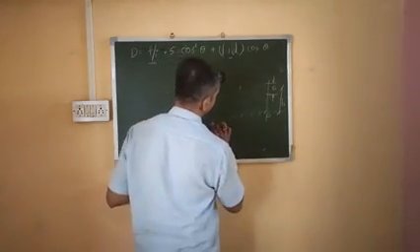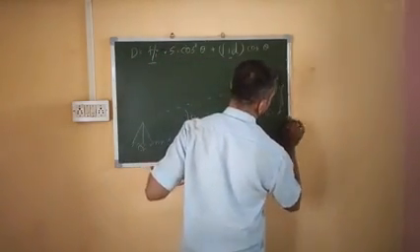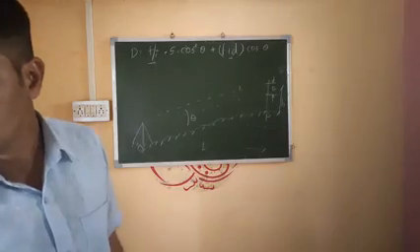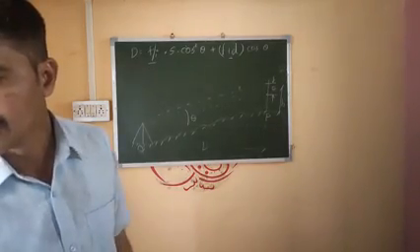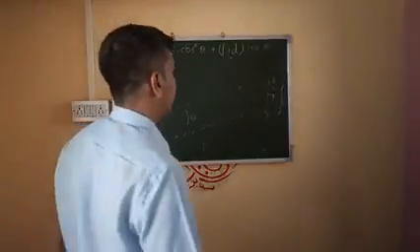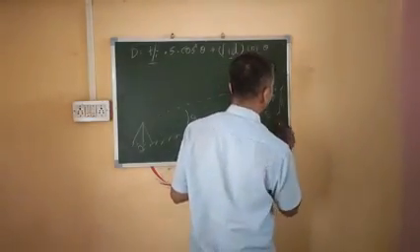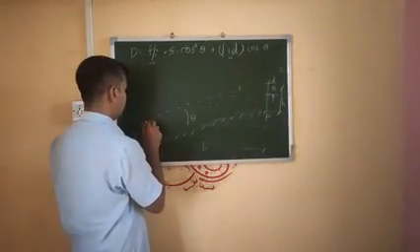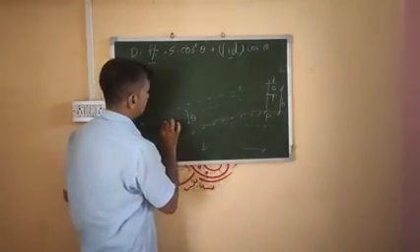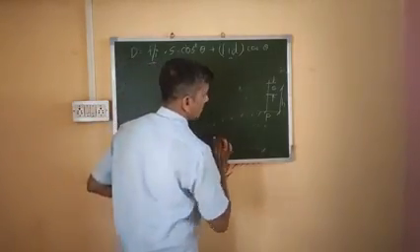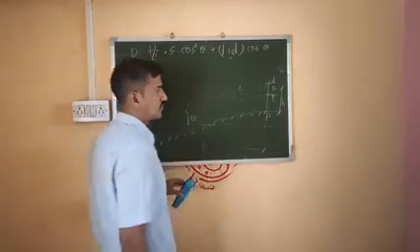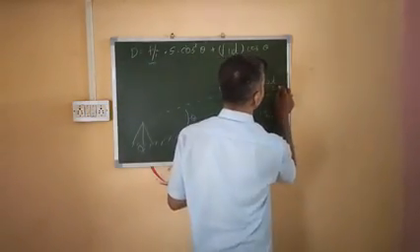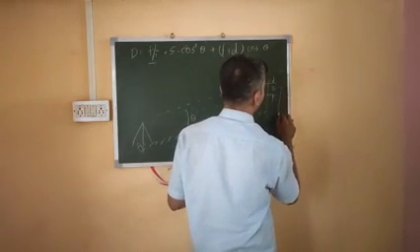This is the horizontal line of sight from the central hair reading to the dotted line from instrument, which is nothing but a horizontal line of sight, that is nothing but your V. This is your vertical component V.